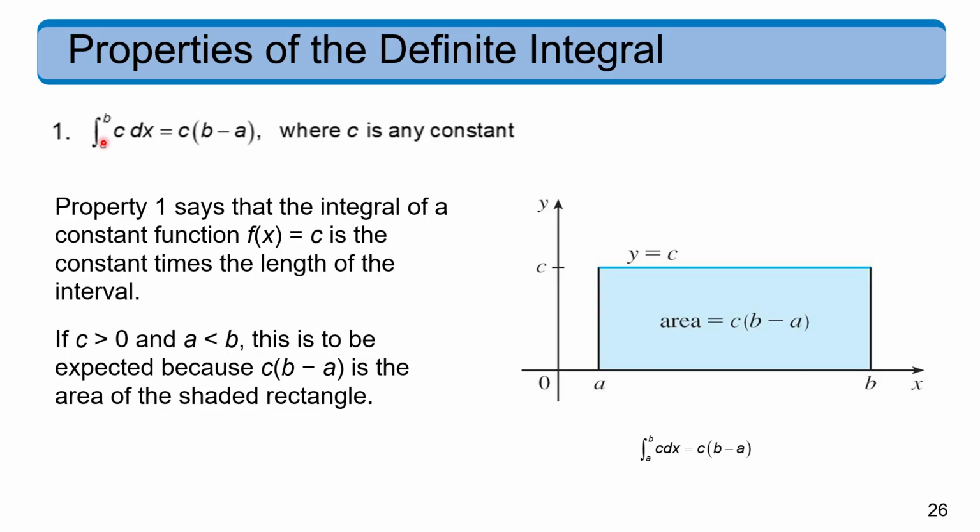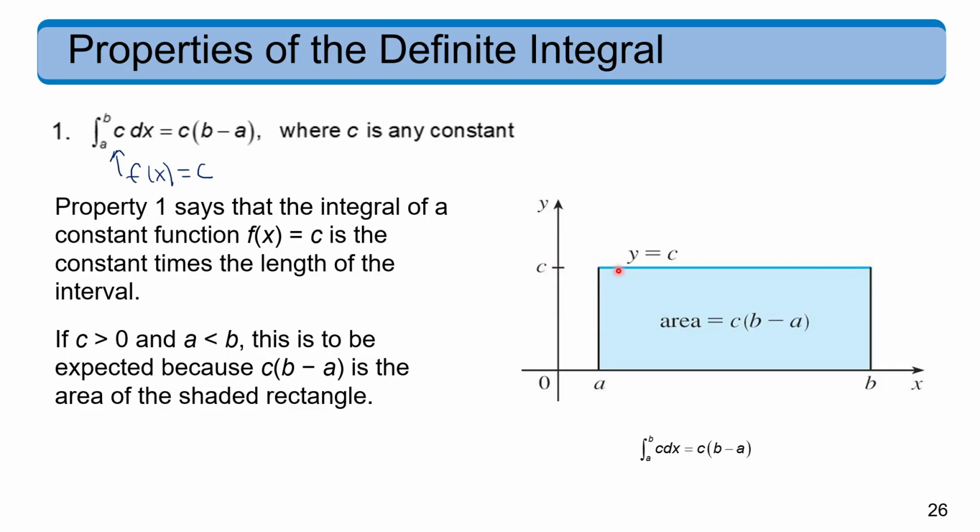The x interval here is from a to b. Now here's the argument. The function we're integrating is between the integral sign and the dx, so the function is f of x equals c.